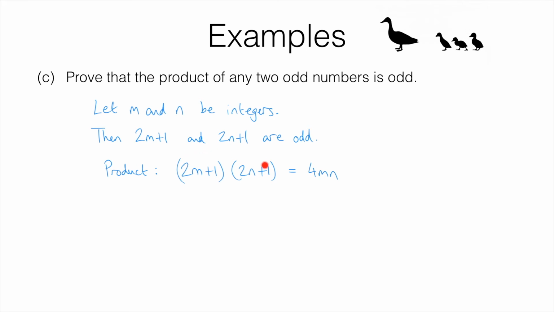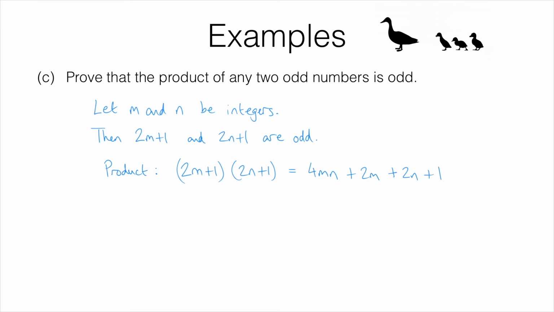Then you have 2m times 1, which is just 2m. And then you have positive 1 times 2n, which is 2n. And then you have positive 1 times positive 1, which is 1. And this expression can't be simplified, so we've got 4mn plus 2m plus 2n plus 1.